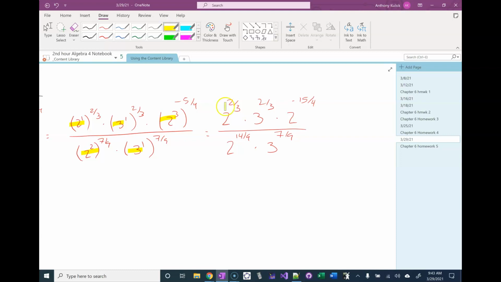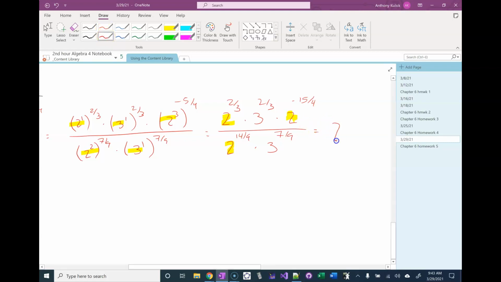Okay, so I notice now that all the parentheses are cleared, these 2's can go together. So the ones that are being multiplied together in the numerator will add the exponents. The one that's being divided, the one in the denominator, will subtract its exponent. Sound good?